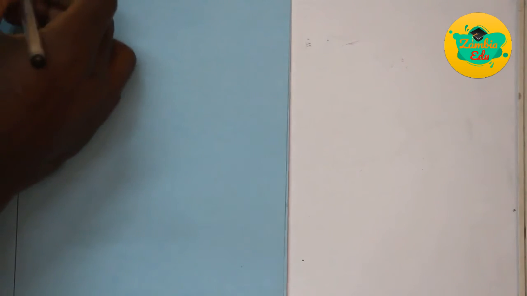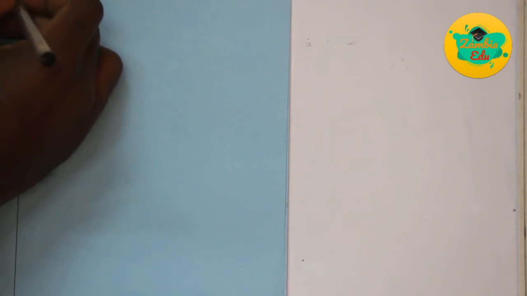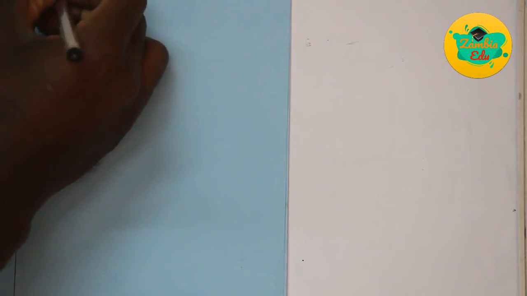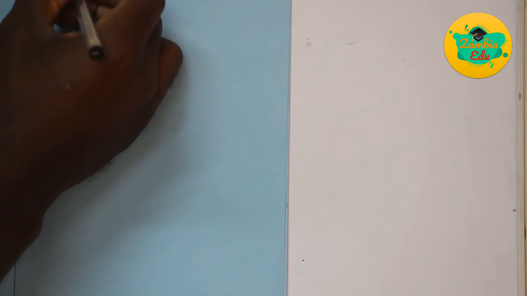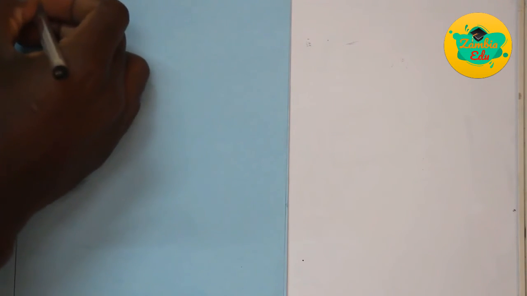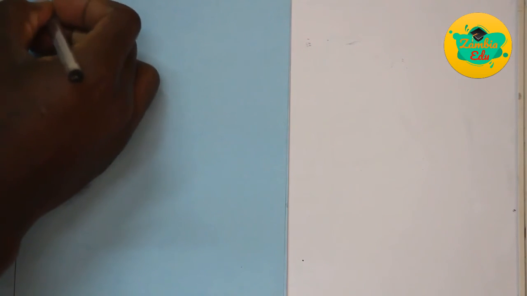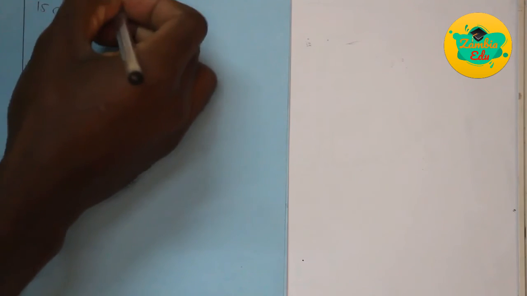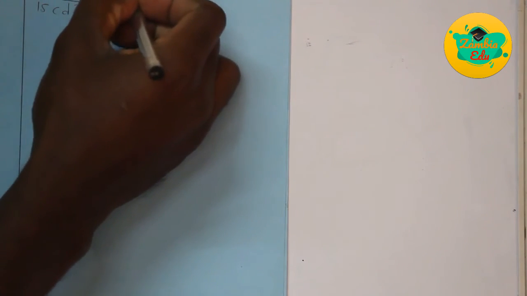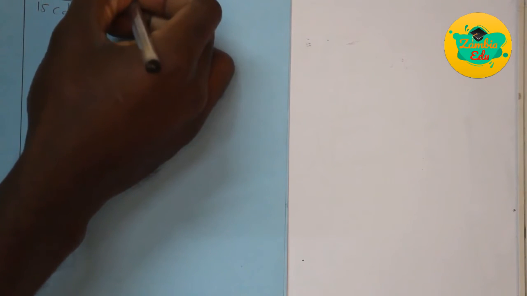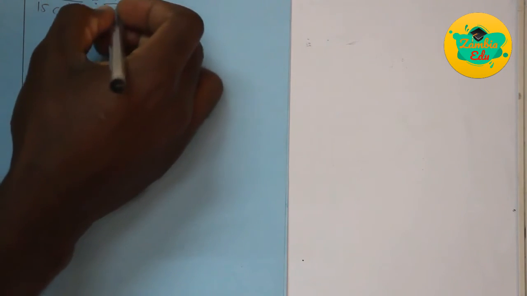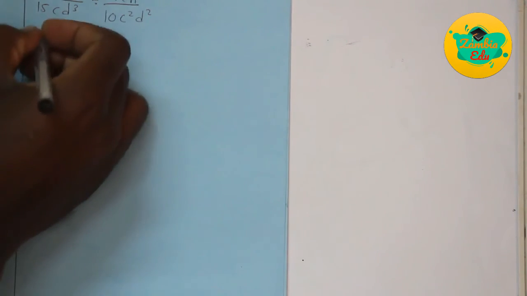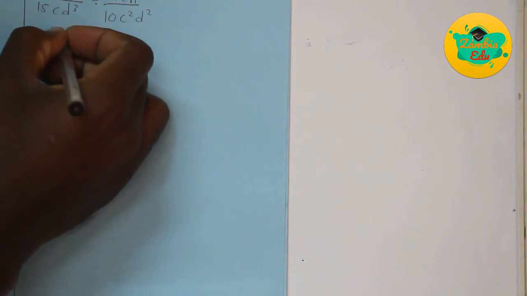So our question was 8c, and we are considering 12d n cubic over 15cd cubic divided by 9cn over 10c squared d squared.